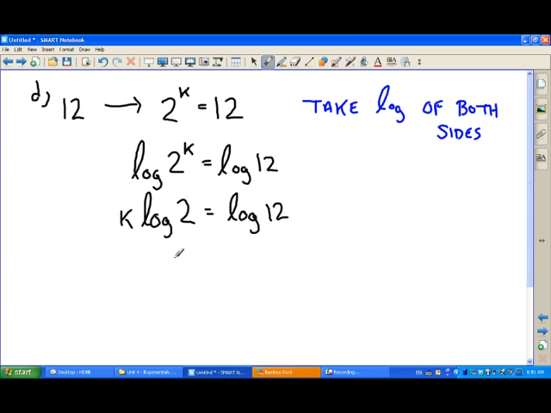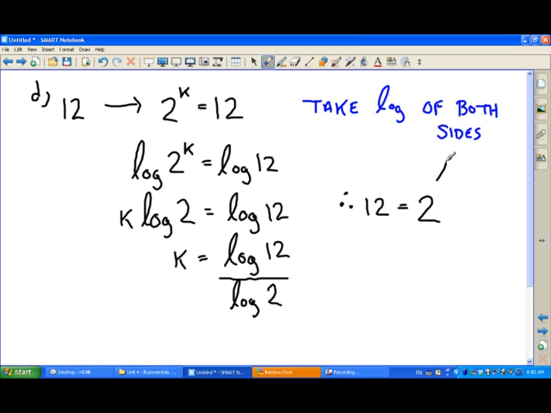And then I can divide both sides by the logarithm of 2. And we don't want to evaluate this because that will give us an approximate answer, not an exact answer. So I'm going to leave it in exact form. And I can say that 12 is equal to 2 to the power of log 12 over log 2.